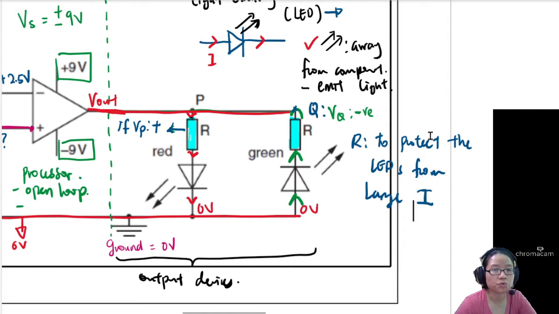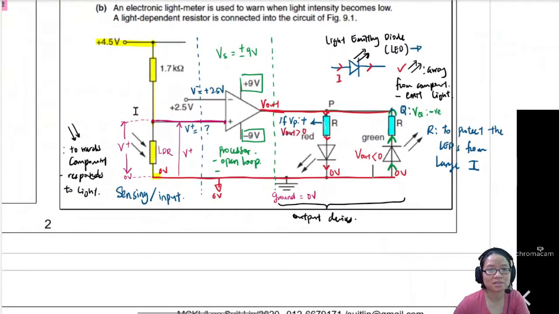The red one turns on if V out is greater than 0, positive. The green one turns on if V out is less than 0, negative, because current will flow the other way, down. And now we are ready to answer the question.